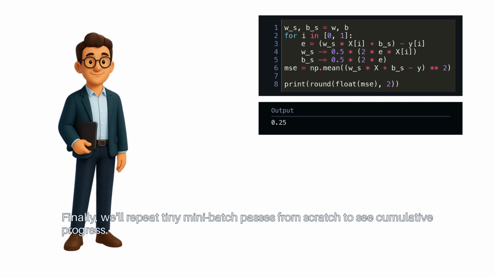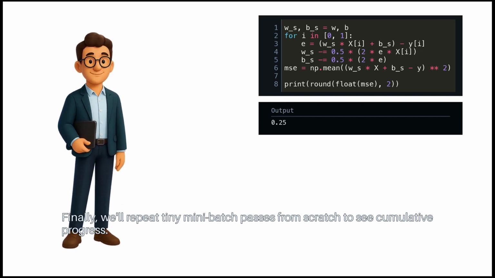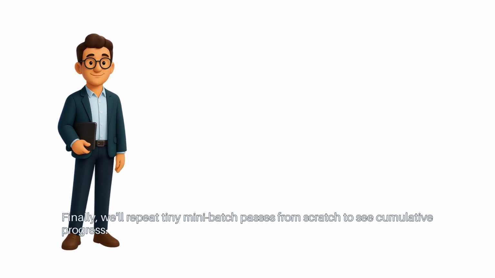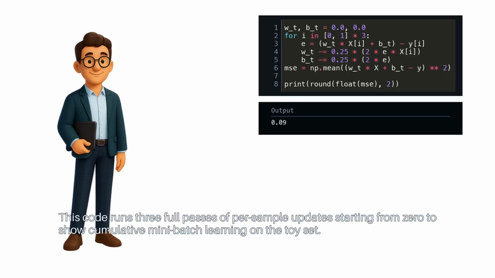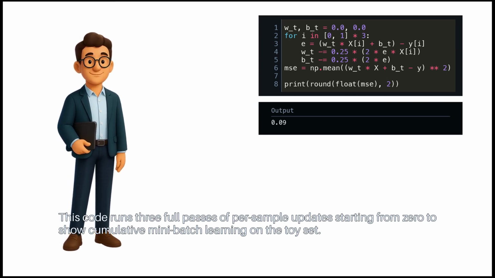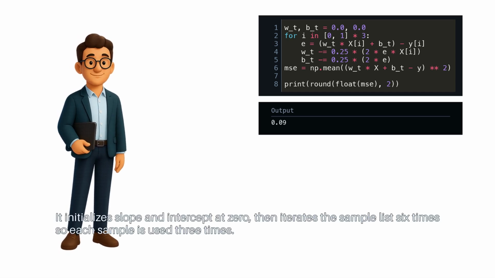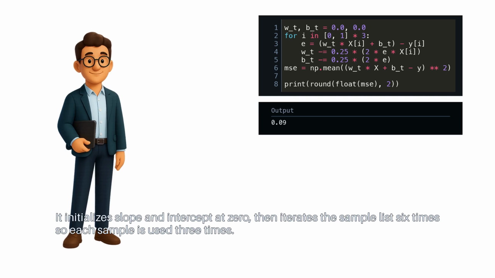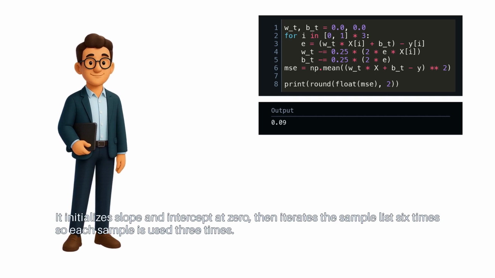Finally, we'll repeat tiny mini batch passes from scratch to see cumulative progress. This code runs 3 full passes of per sample updates, starting from 0, to show cumulative mini-batch learning on the toy set. It initializes slope and intercept at 0, then iterates the sample list 6 times, so each sample is used 3 times.